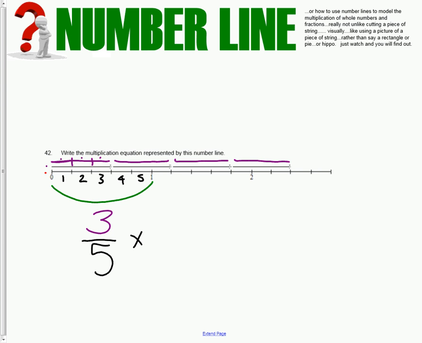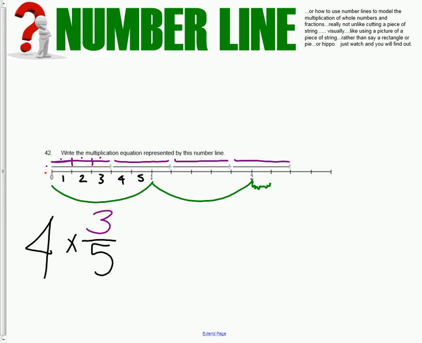Okay, so when I look at 3/5 of 4, that gets much more complicated numerically than does 4 of 3/5. So I'm going to take this little piece right here, flip that over to the other side, and say I have 4 of 3/5. So my picture here represents that I have one whole, two wholes, and then I've got little pieces here, right?